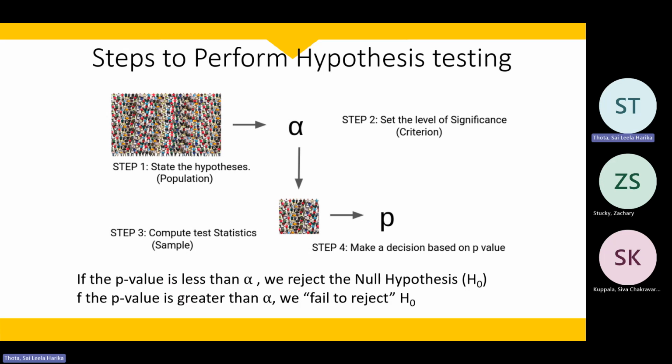If the p-value is less than alpha, we reject the null, and if the p-value is greater than alpha, we fail to reject the null. If we fail to reject the null, we simply accept the alternate. So based upon the p-value, you will make the final decision whether to reject the null or accept the null.